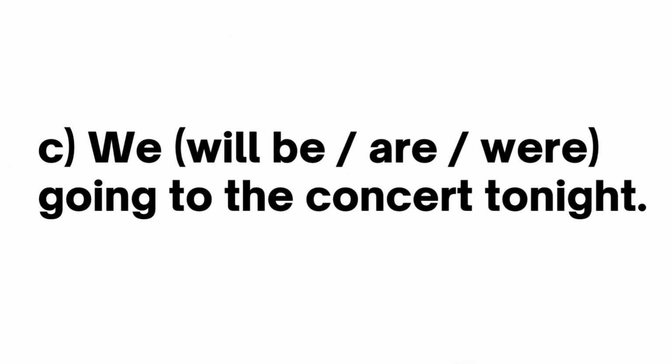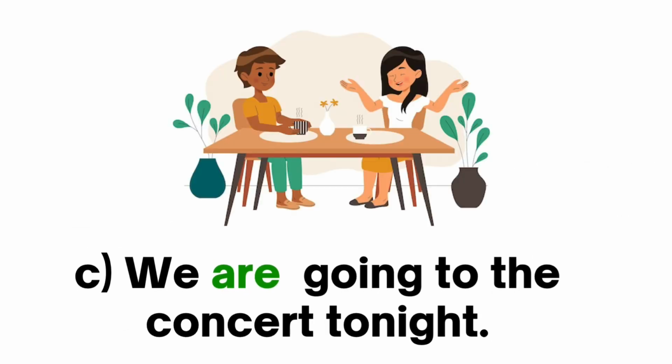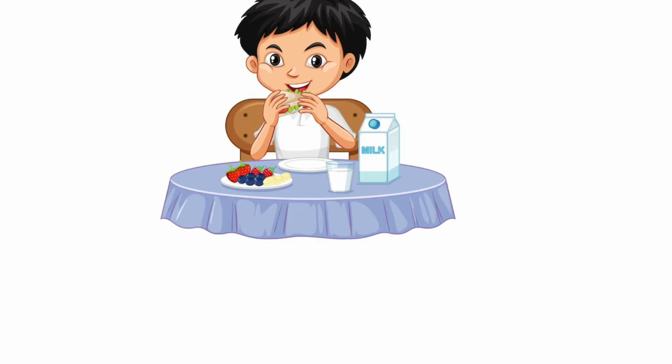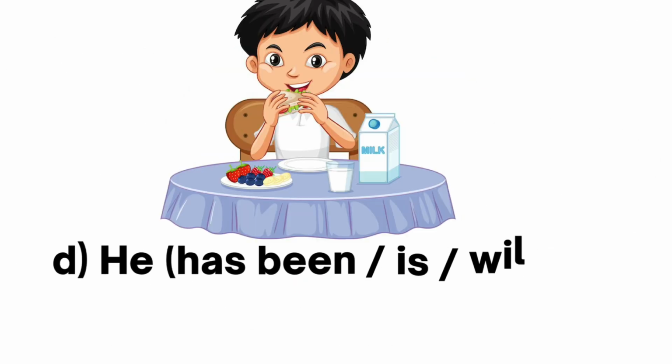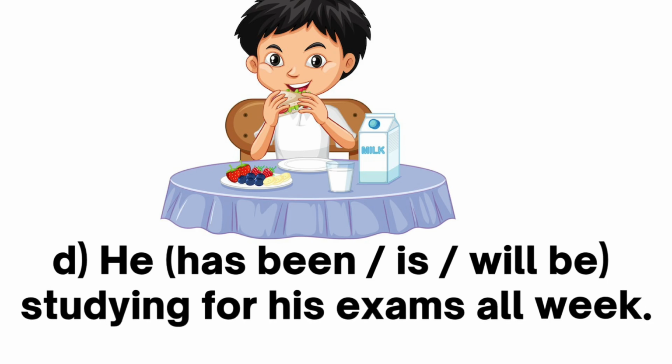C. We will be, are, were going to the concert tonight. D. He has been, is, will be studying for his exams all week.